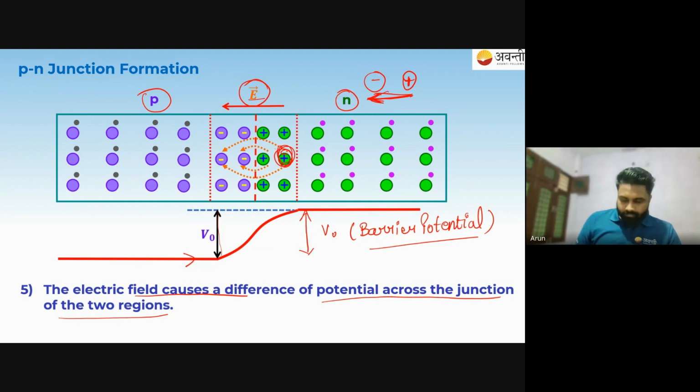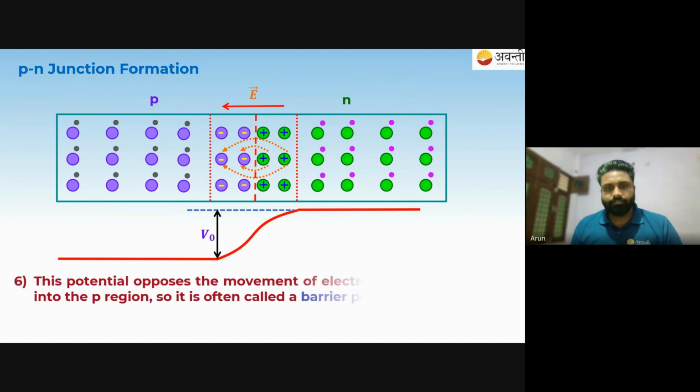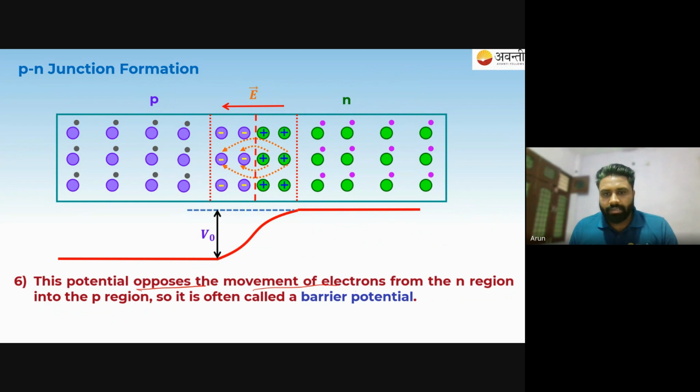Okay. Now, this potential opposes the movement of electrons from the n region to the p region. I have already told you the n region electrons want to fill the vacancies at the p region.